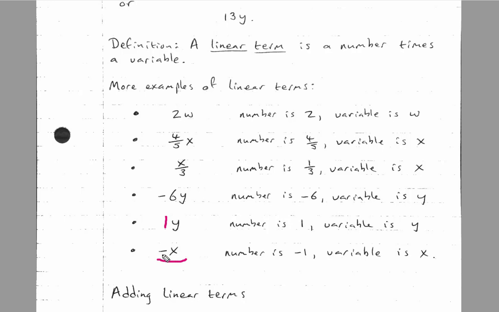And for this last one, negative x, the number in this case is negative 1. So this is really the same as negative 1 times x. So when you're combining linear terms together, you really want to see what the number is, include the number.